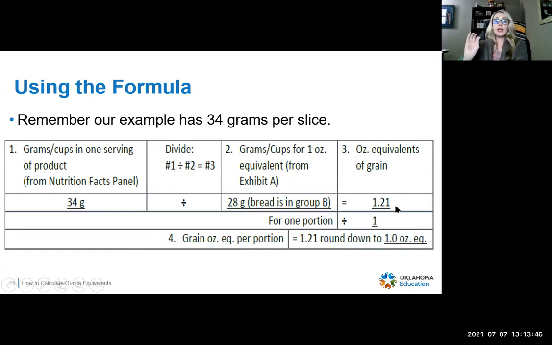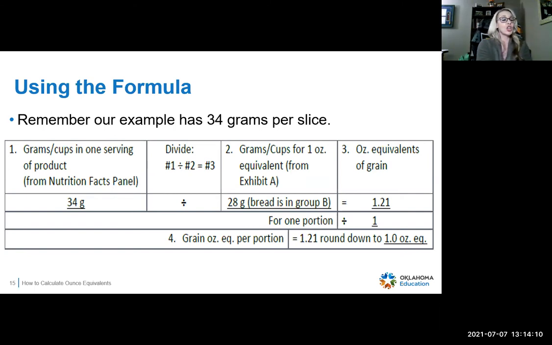Now, at the very beginning of the slides, we talked about how you can only do increments of 0.25. So because it is 1.21, it gives you 1 ounce equivalent. If it said 1.25, it would equal 1.25 ounce equivalents, but you have to round down. If it's 0.25 and under, you have to round down.